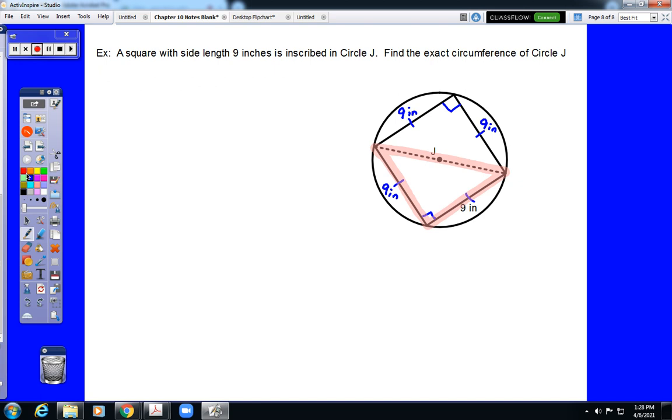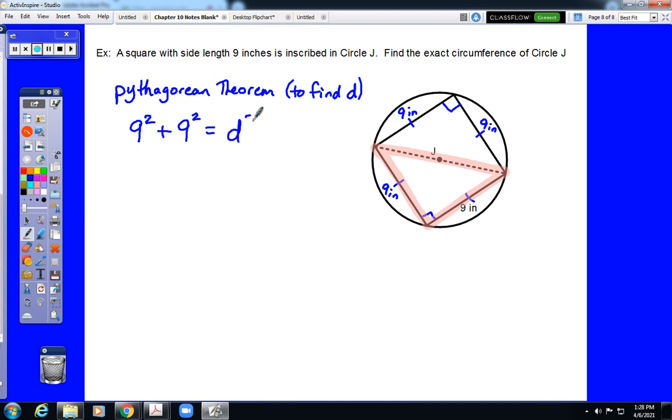Boom! Pythagorean theorem. So we're going to break out the Pythagorean theorem to find the diameter, because that highlighted triangle there has told us that a squared plus b squared equals c squared, or 9 squared plus 9 squared equals d, where d is the diameter squared.